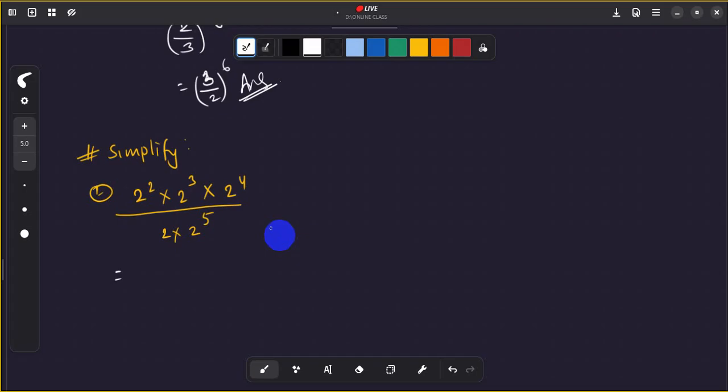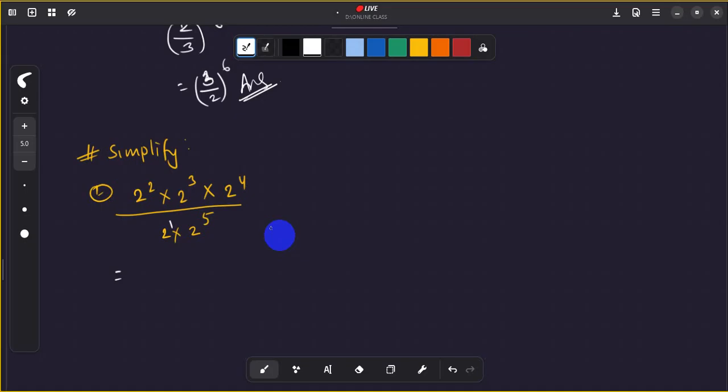If there is not any power on a term, then the power becomes 1. In this case, in the numerator, all terms are in multiplication form and they have the same base, right? The base is 2. That is 2 square into 2 cube into 2 power 4.